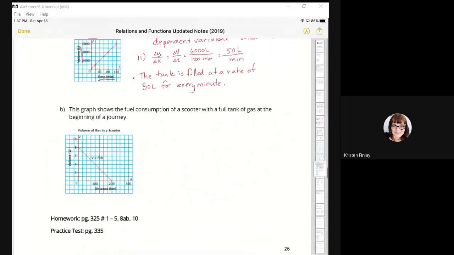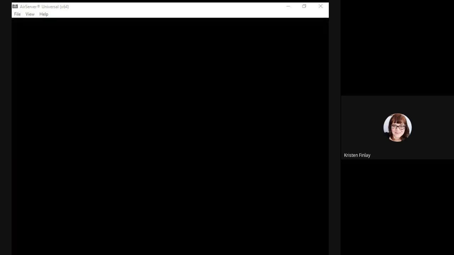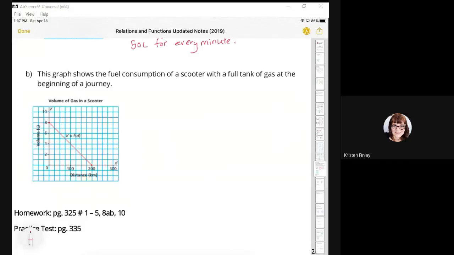So let's look at the second one here. This graph shows the fuel consumption of a scooter with a full tank of gas at the beginning of the journey. So someone's out in a scooter, he's got a full tank of gas, and he rides it till it is empty. So let's take a look. First, it wants our independent and dependent variables.